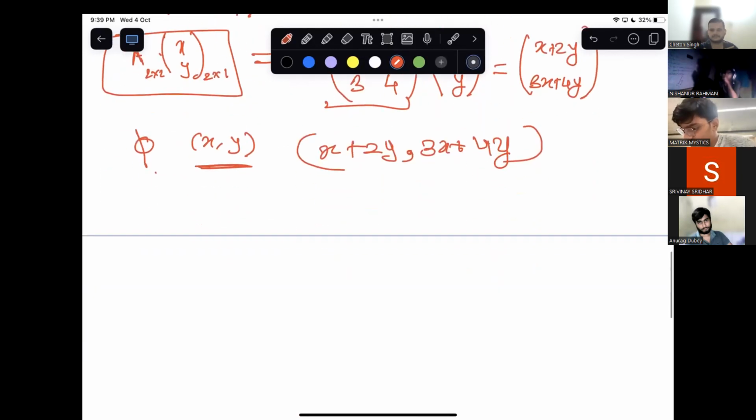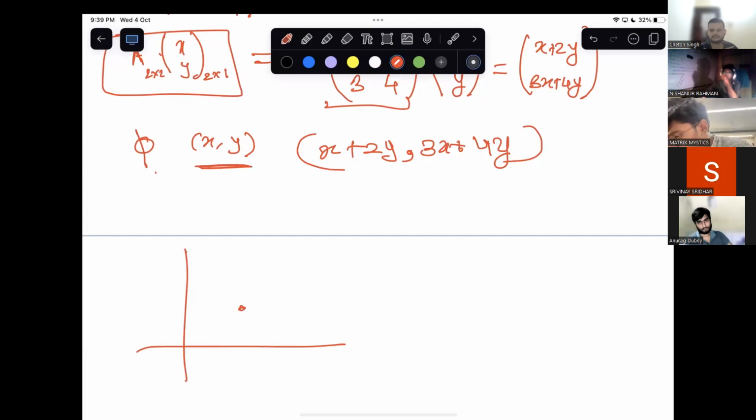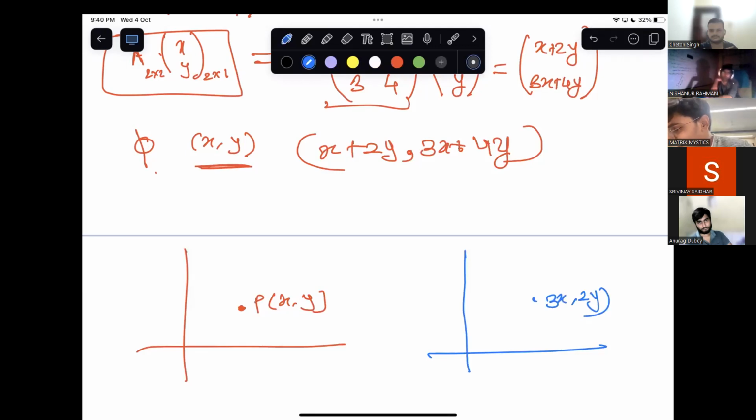Which means in one plane, let's call it the red plane, our initial point P, x comma y, corresponds to a point x plus 2y and 3x plus 4y in the blue plane, right?